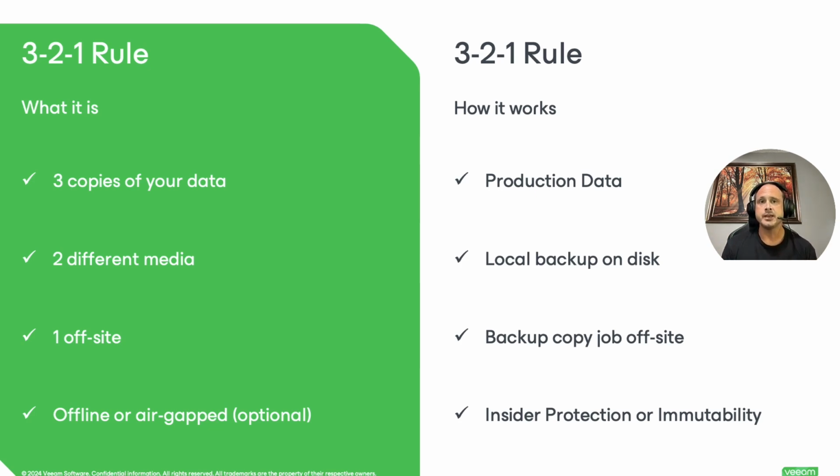This could be a Veeam server repository, a Linux hardened repository, or even a NAS device or a USB drive. Then you have your third copy, which is the backup copy job off-site, and in this case the off-site would be Cloud Connect.